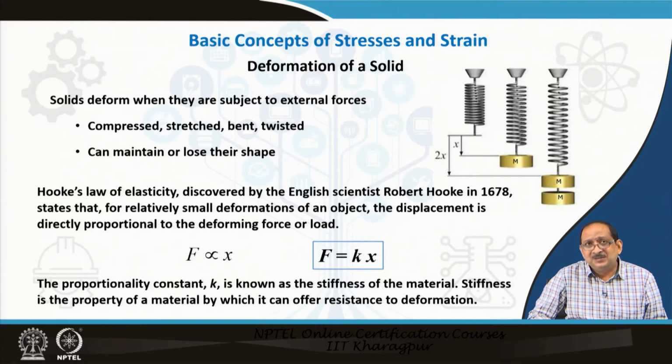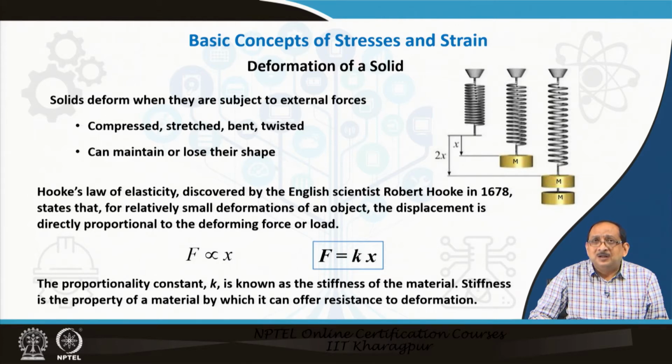Hooke's law of elasticity actually states the relationship between the displacement and the deforming forces. For relatively small deformations of an object, the displacement is directly proportional to the deforming force or load, which can be written in the form F is proportional to x or F is equal to kx.